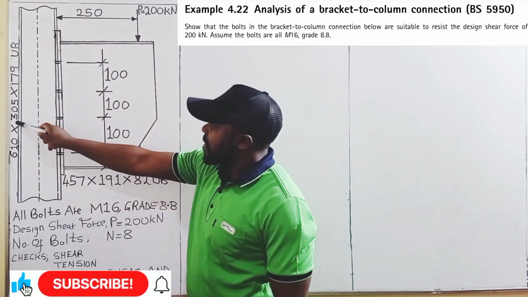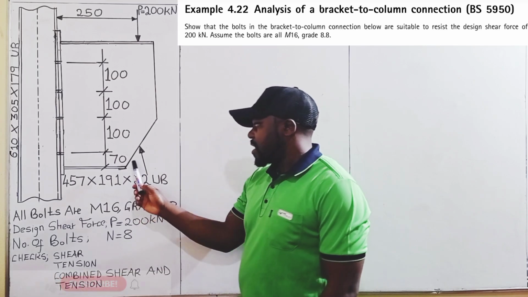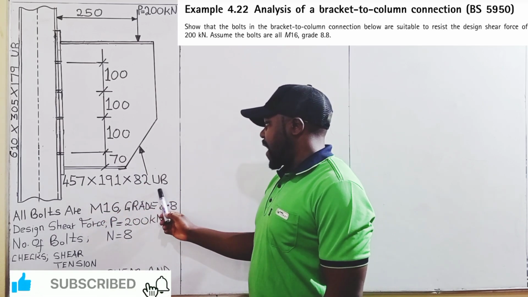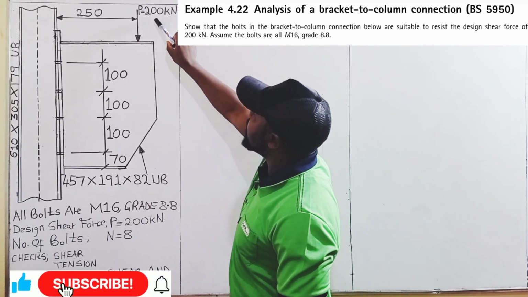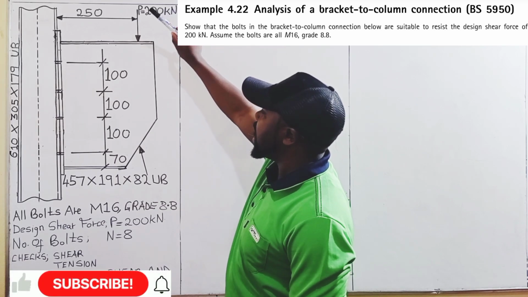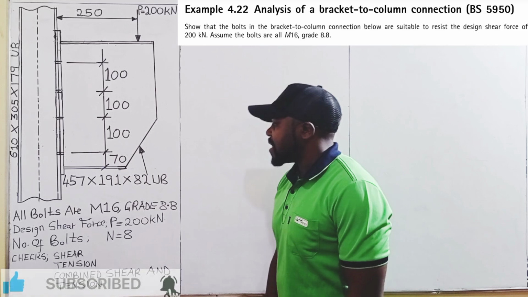We have a 610 by 305 by 179 universal beam, and here we have a 457 by 191 by 82 universal beam section. The design shear force is 200 kilonewtons with an edge distance of 250 millimeters.